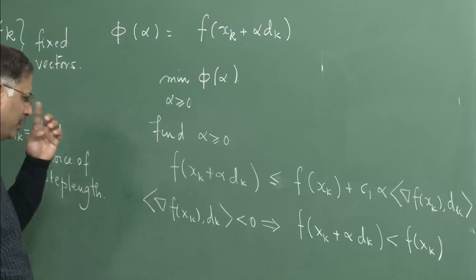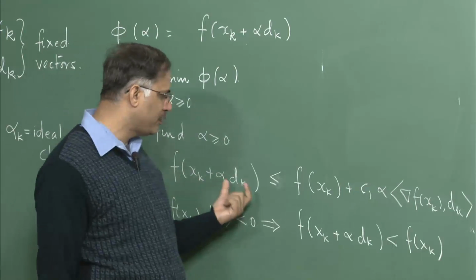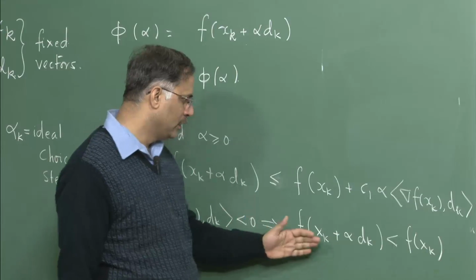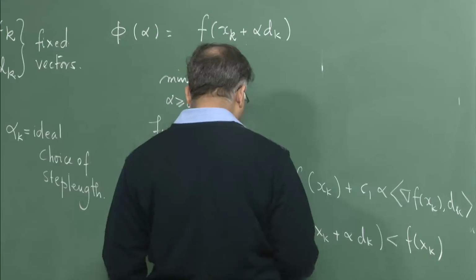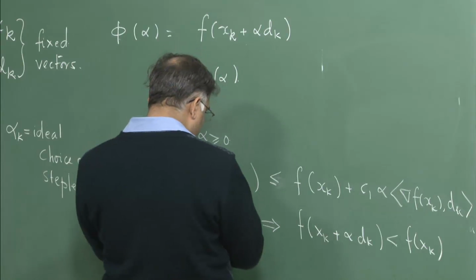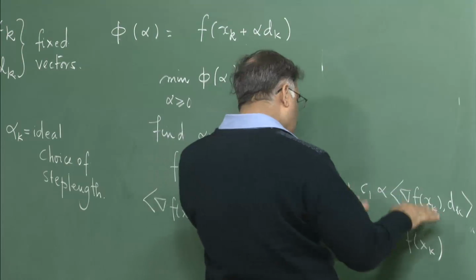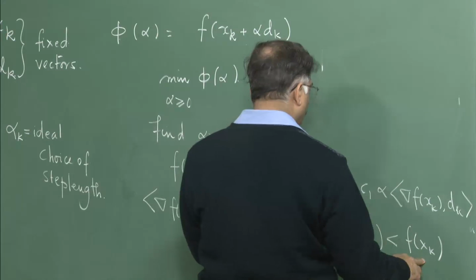You see, the interesting part is that we are not only expecting this to be true, but we are expecting that this is less than some quantity which is quite a bit less than this quantity.